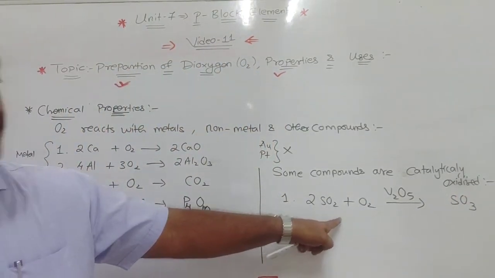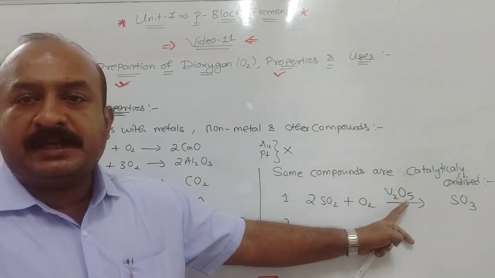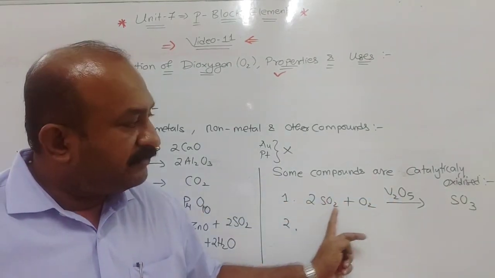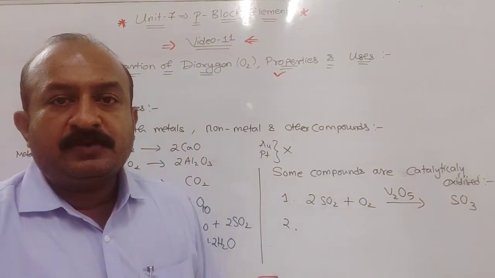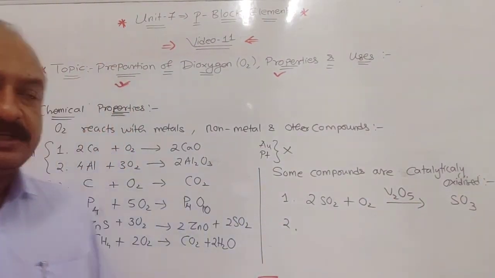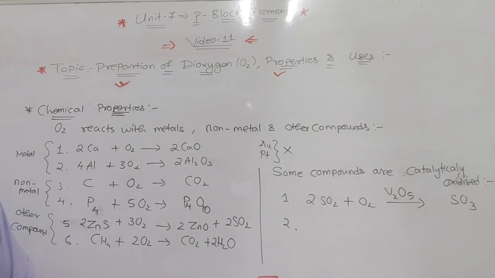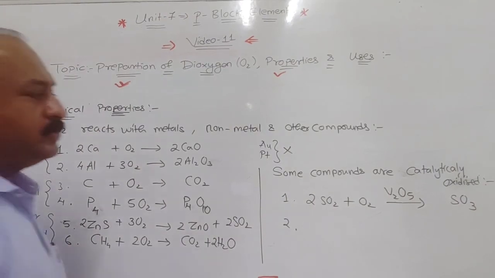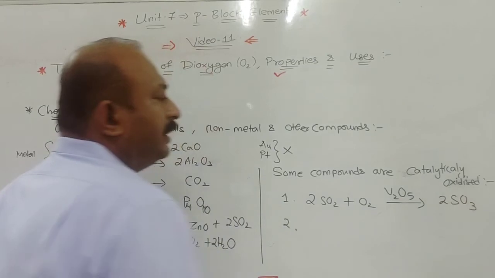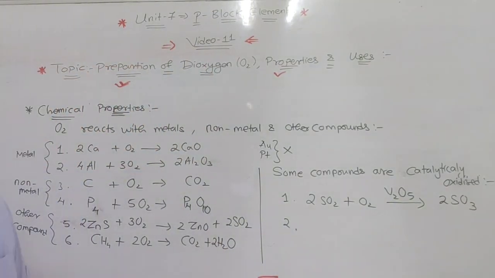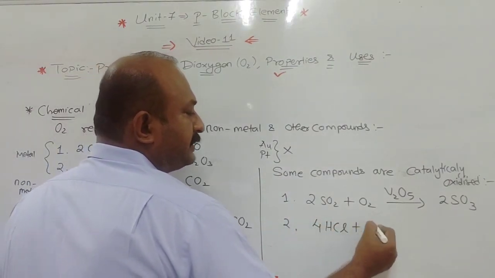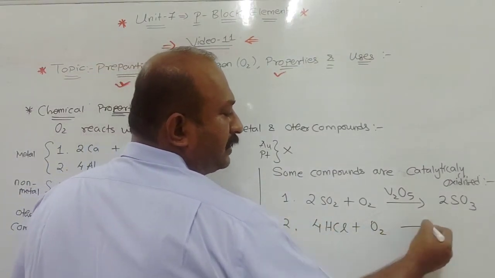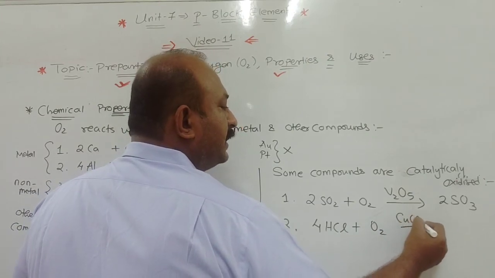This is frequently asked, and here they ask the question: what is the catalyst used to convert sulfur dioxide to sulfur trioxide? The catalyst is vanadium pentoxide. Here 2SO3 will come. Clear? Another reaction given for catalytic conversion is HCl with oxygen in presence of CuCl2.